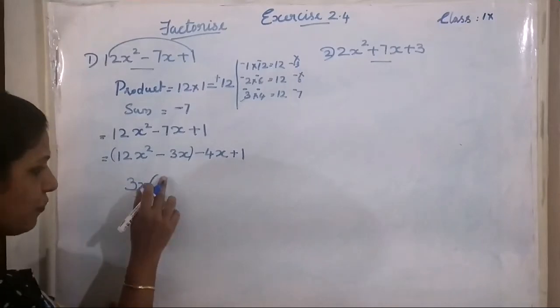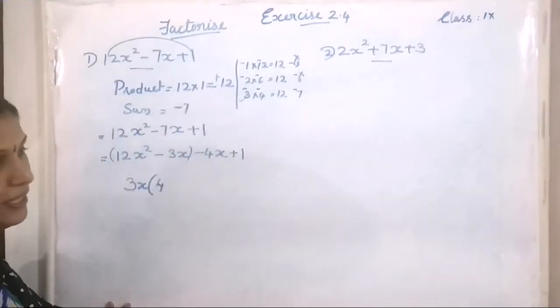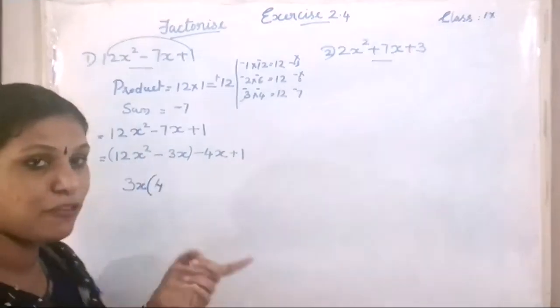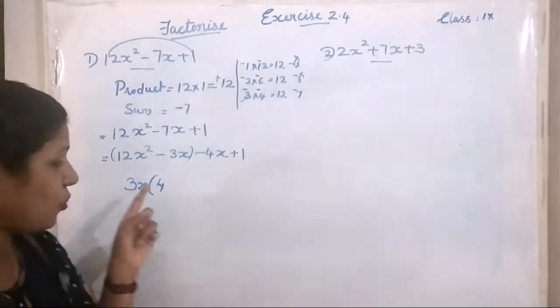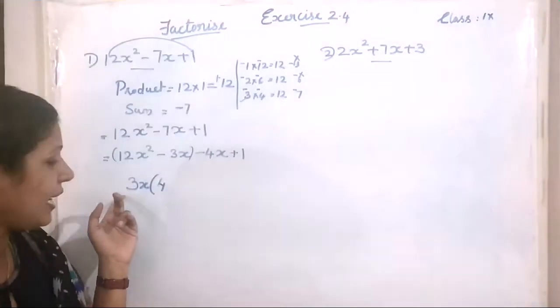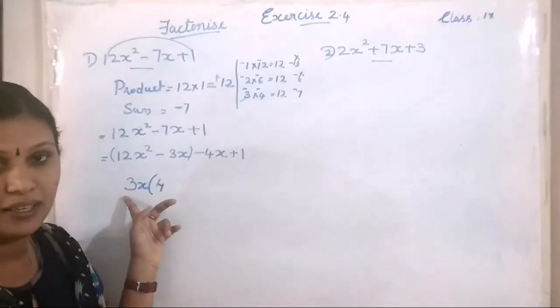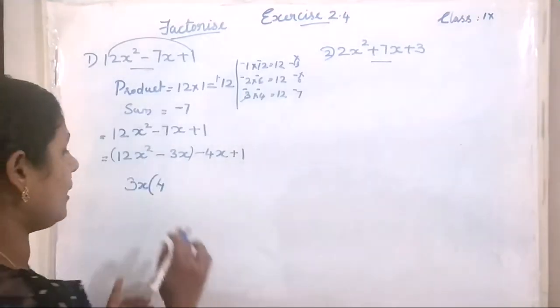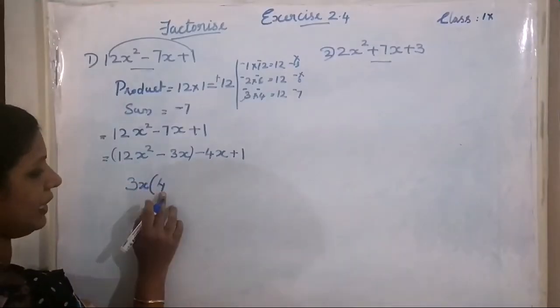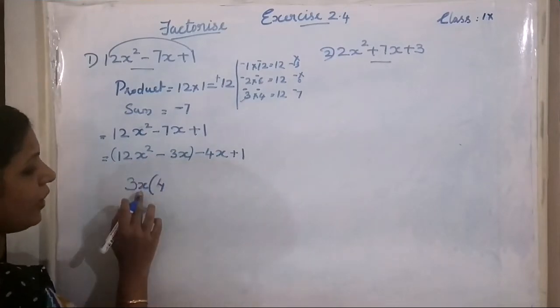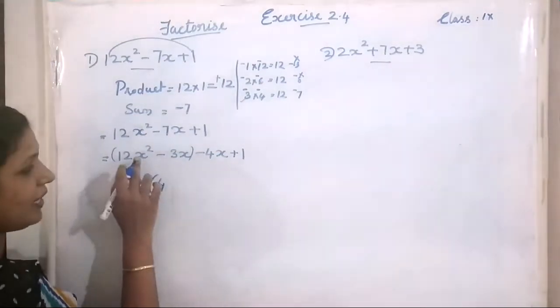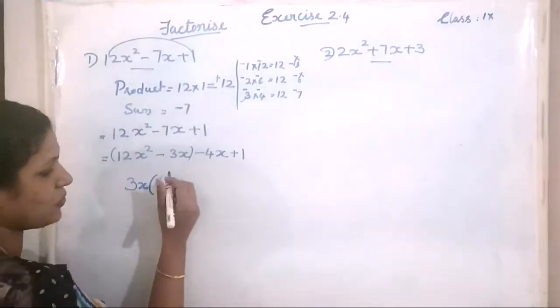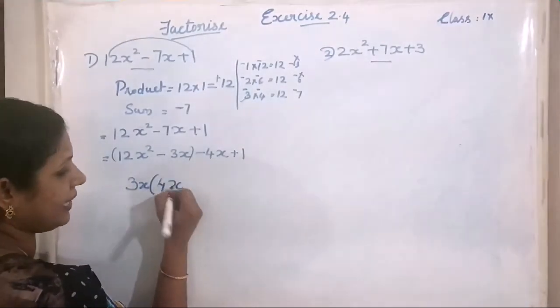That is 3 into 4 is 12, like that. That is 12 and 3 are coming from which table? 3's table. So, we take out this 3. Okay, understood? Here 12, the remaining is 4, and x square, 1x we take outside, and here the remaining 1x is also. So, we write here x.